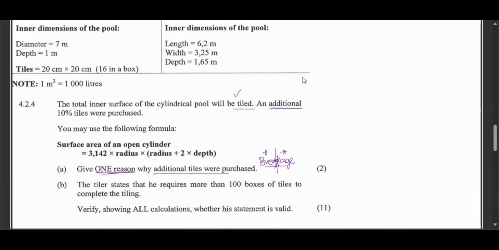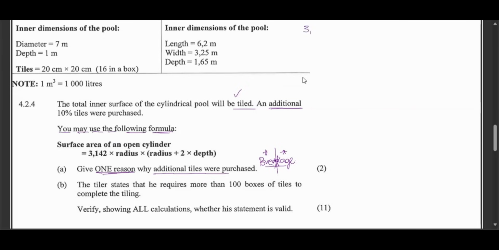Okay. When you look at part B, definitely we're going to use the formula. They are telling us you may use the following formula. You may use. Otherwise, you may use another formula, if you have any. But in most cases, use what is given to you, please. And the trick about the formula that's given to you, substitute correctly.